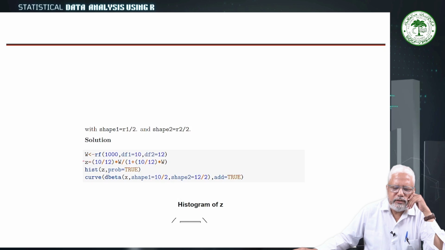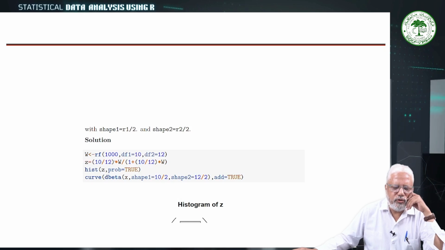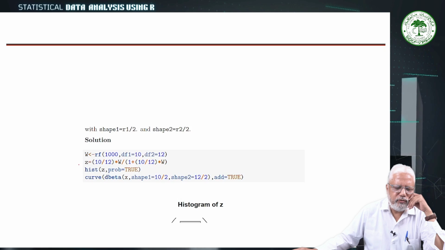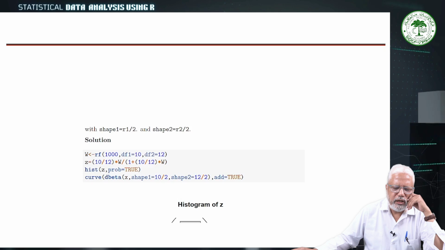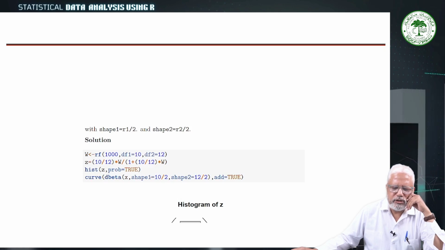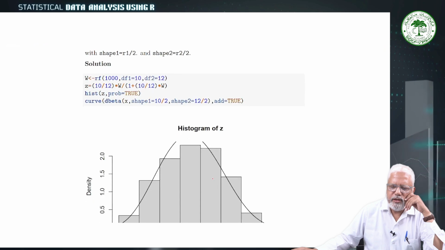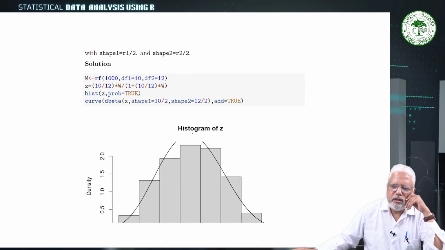Now we are defining the expression Z equal to 10 by 12 into W divided by 1 plus 10 by 12 into W. And then we are making a histogram of Z with prob equal to TRUE, and we are adding a beta curve with shape 1 equal to 10 by 2, shape 2 equal to 12 by 2 on the same plot. So here it is cutting this part. We can improve this.